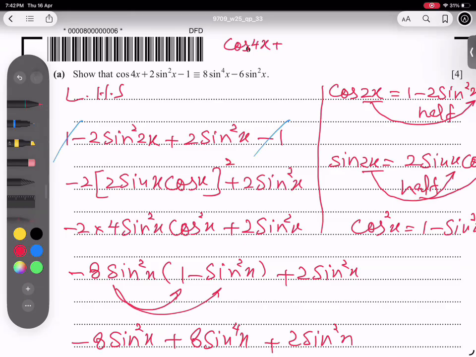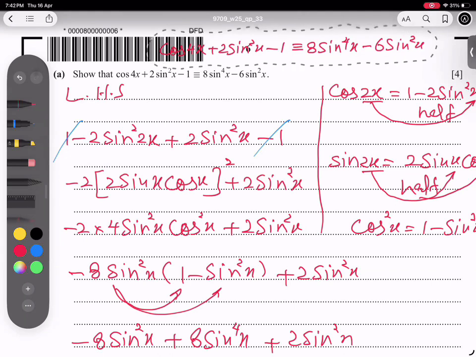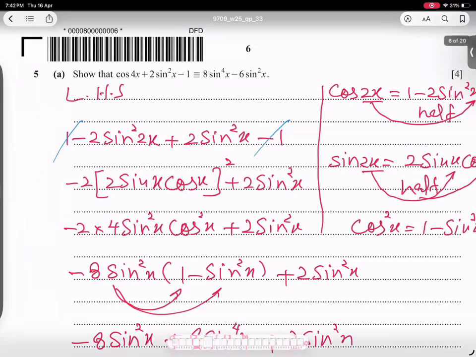Cos 4x plus 2 sine square x minus 1 is basically equal to 8 sine 4x and minus 6 sine square x. So this whole identity I'm copying from here, or I can cut from here and I bring on the other page.